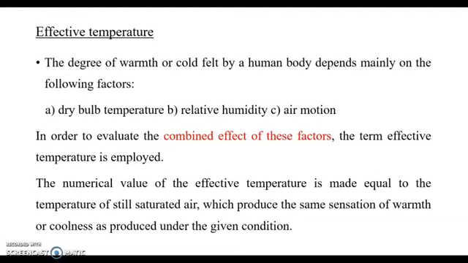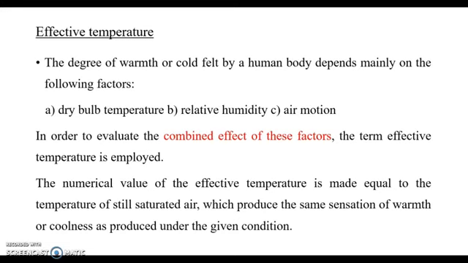In order to evaluate the combined effect of these three factors, the term effective temperature is employed. The numerical value of the effective temperature is made equal to the temperature of still saturated air, which produces the same sensation of warmth or coolness as produced under the given conditions.